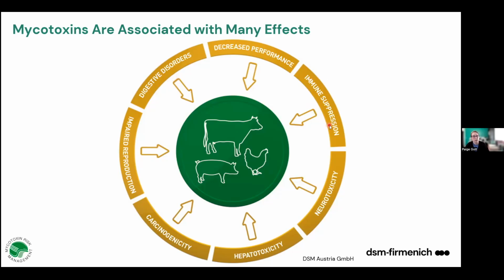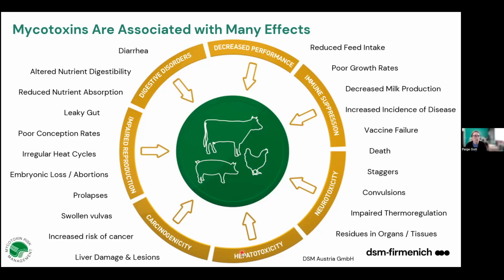A lot of the mycotoxins are damaging to the immune system and immune function, leaving those animals more susceptible to disease. And a lot of toxins are also damaging to the liver. The liver is a natural site of detoxification and protective mechanism in the animal. So it's not surprising to know that liver damage is also a common outcome related to various toxins.